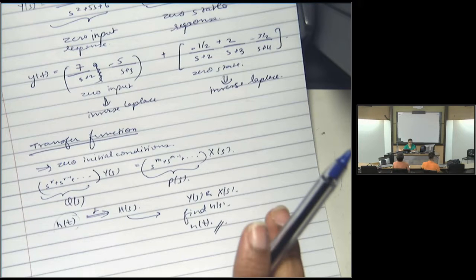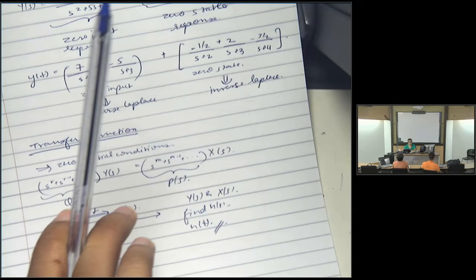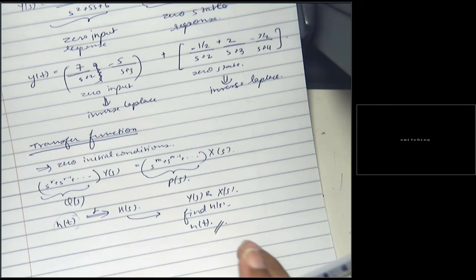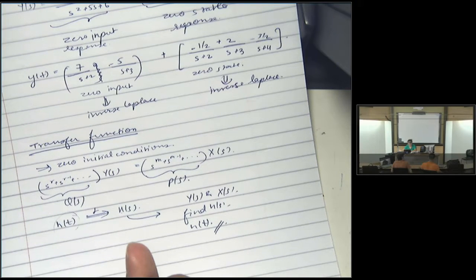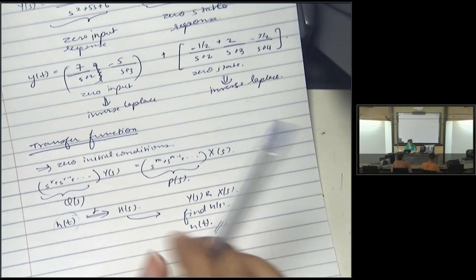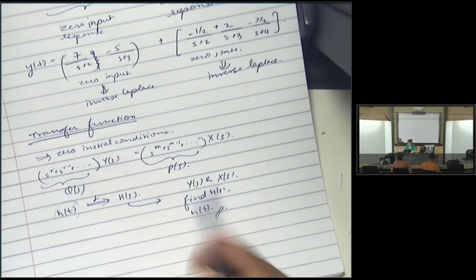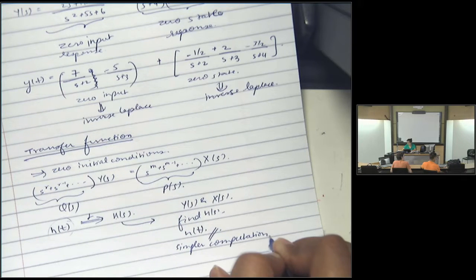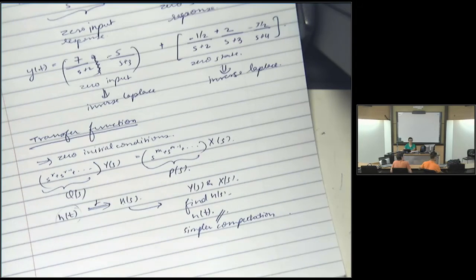But in s domain, your Y(s) will be just a product of H(s) and X(s). Taking a product is always easier than a convolution. That's the whole point of Laplace and the s domain, just to simplify things.